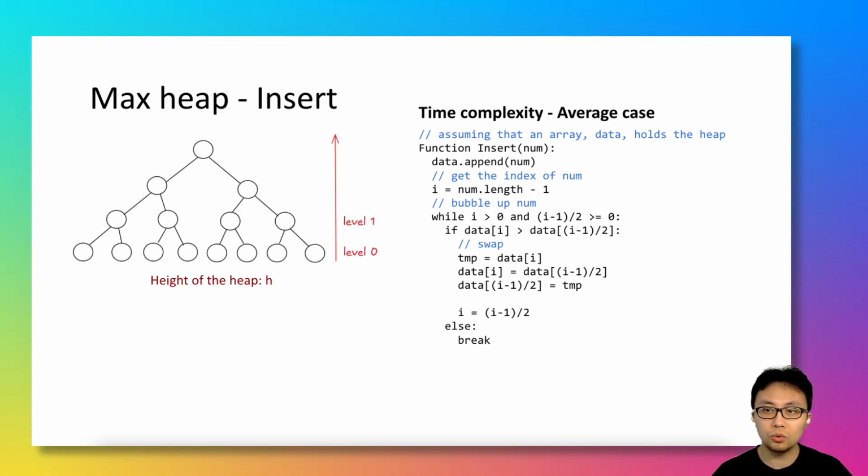Okay? Now let's think about the average case for the insert method. The proper way to conduct the average case time complexity analysis typically involves calculating the expected value, and that's how we account for the randomness, and exactly what we will be doing here.